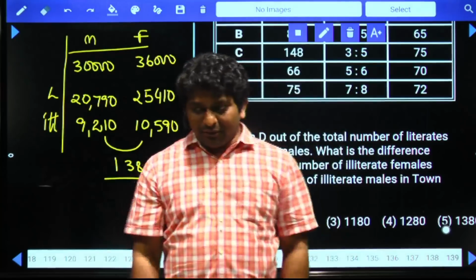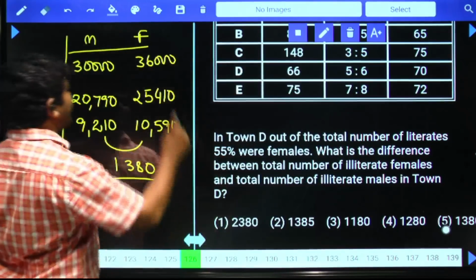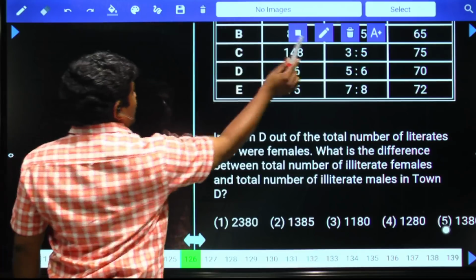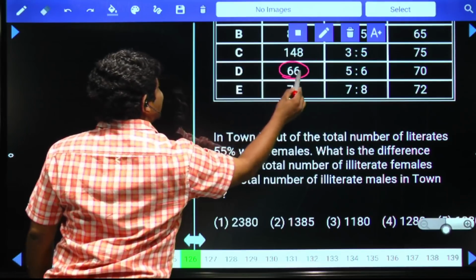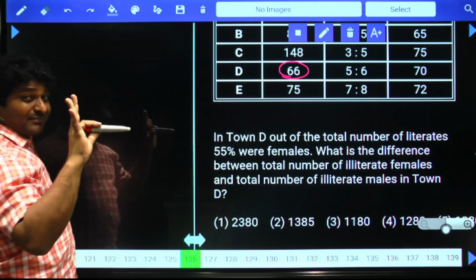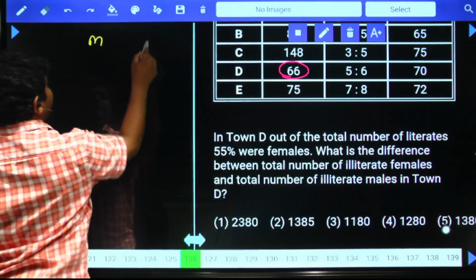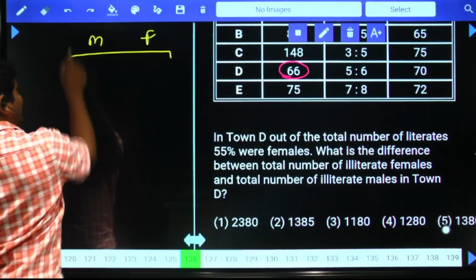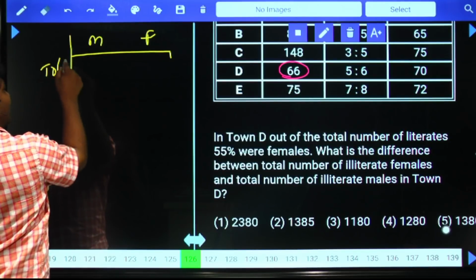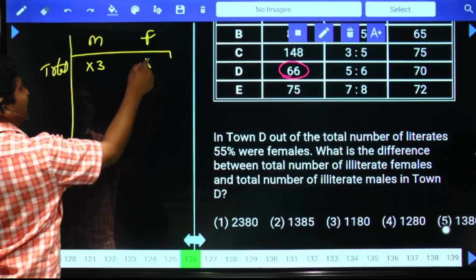To cut it down, there is another logic. Let me tell you that. Total number is 66. This is a 3 multiple. That is divided in the ratio 5:6. So total male and then female people are 3 multiple and then again 3 multiple.